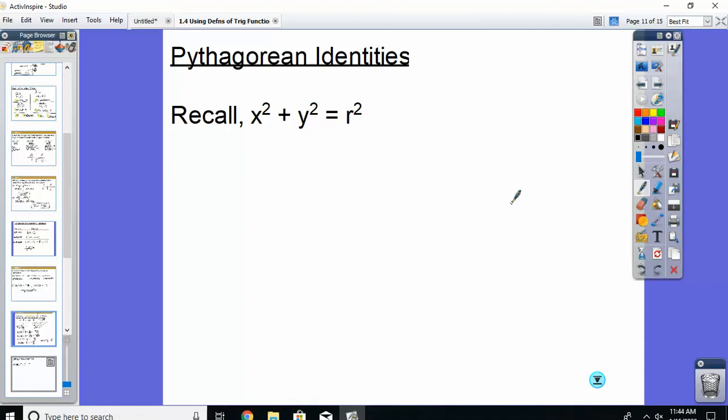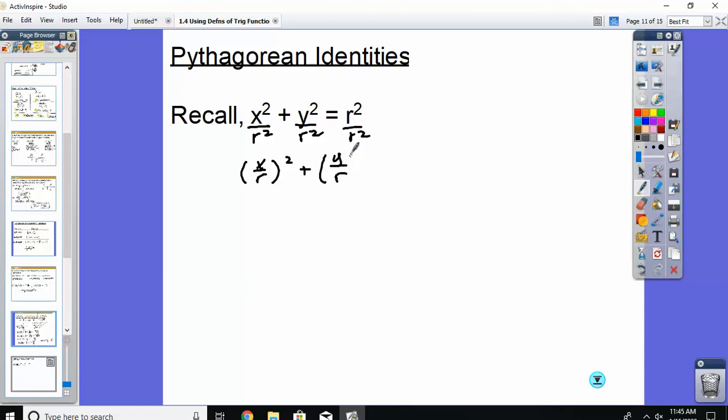If I went through and divided each of these things by r squared, we know in an equation if you do it to both sides it's legal. Then that's x over r squared.